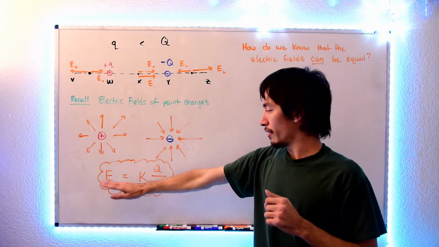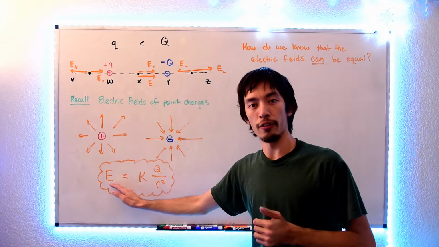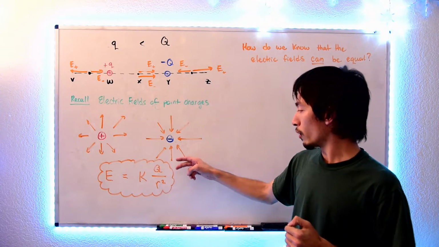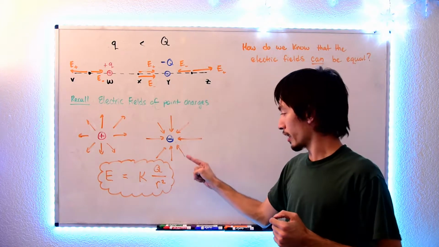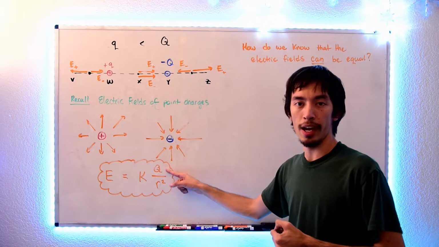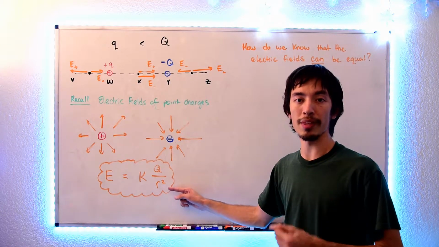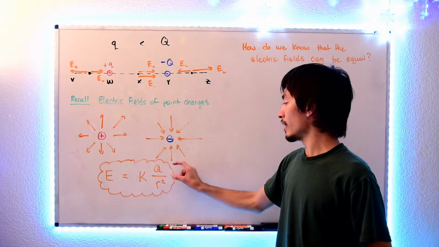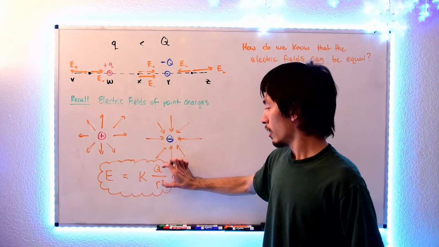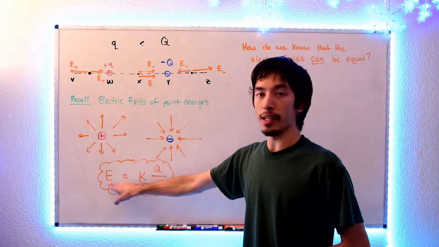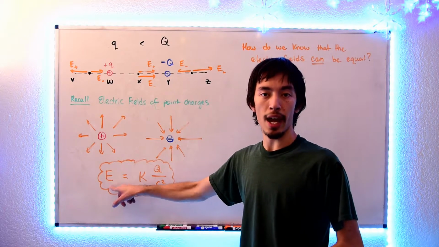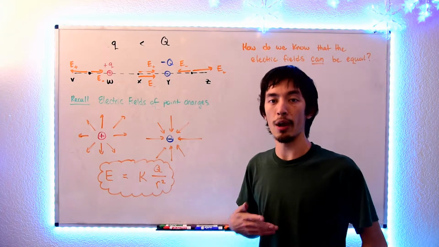The magnitude is given by this equation for the electric field of a point charge. So we know it depends on two factors. It depends on how large the charge is, and also depends on the distance from that charge. So we need to figure out how these factors influence the electric field for both cases, and then be able to determine from there how they could be equal.